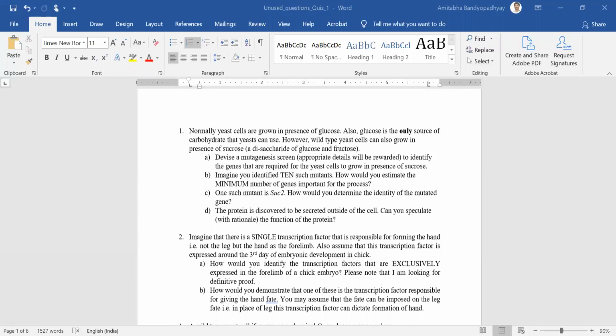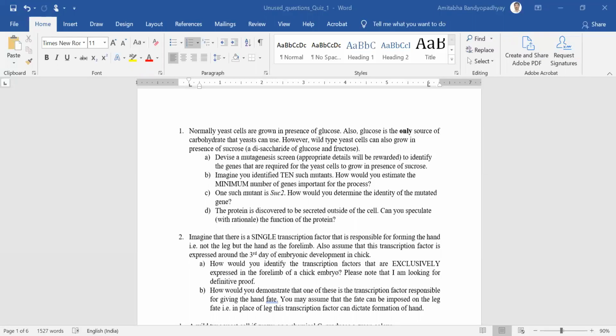So can I answer? Yeah. So for the first part, firstly, we will do a loss-of-function experiment. That is, we will create a knockout mutation of that particular transcription factor that is responsible for four-limb formation. And then we will see if the four-limb formation is not taking place. Say it again. You will do a knockout.